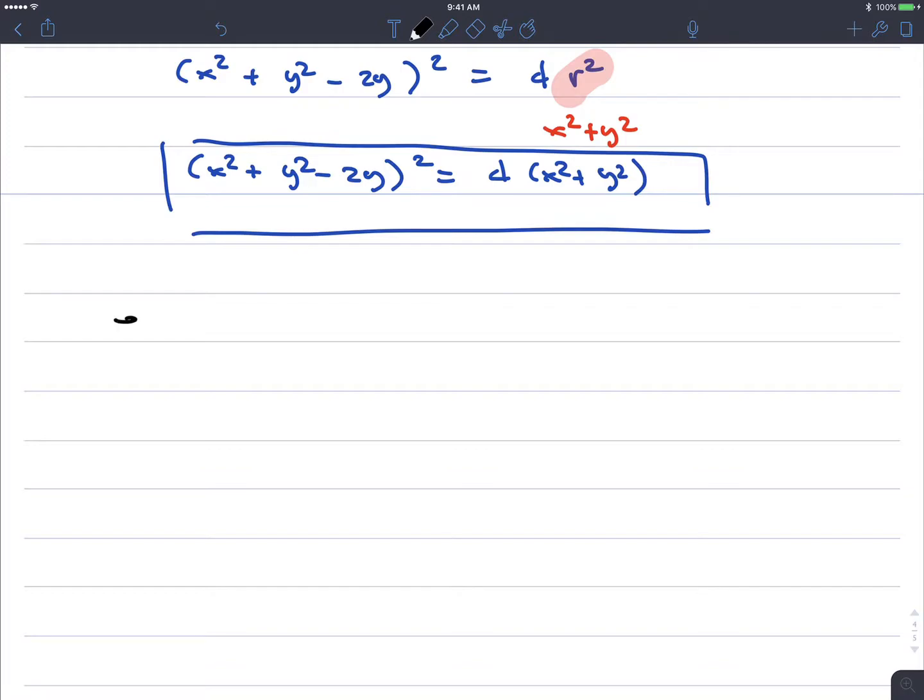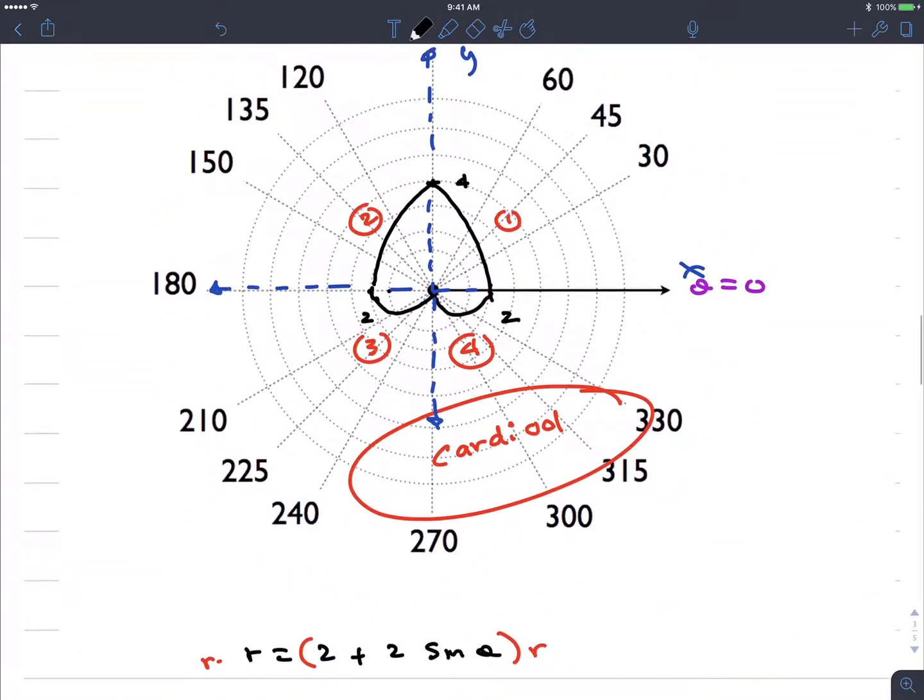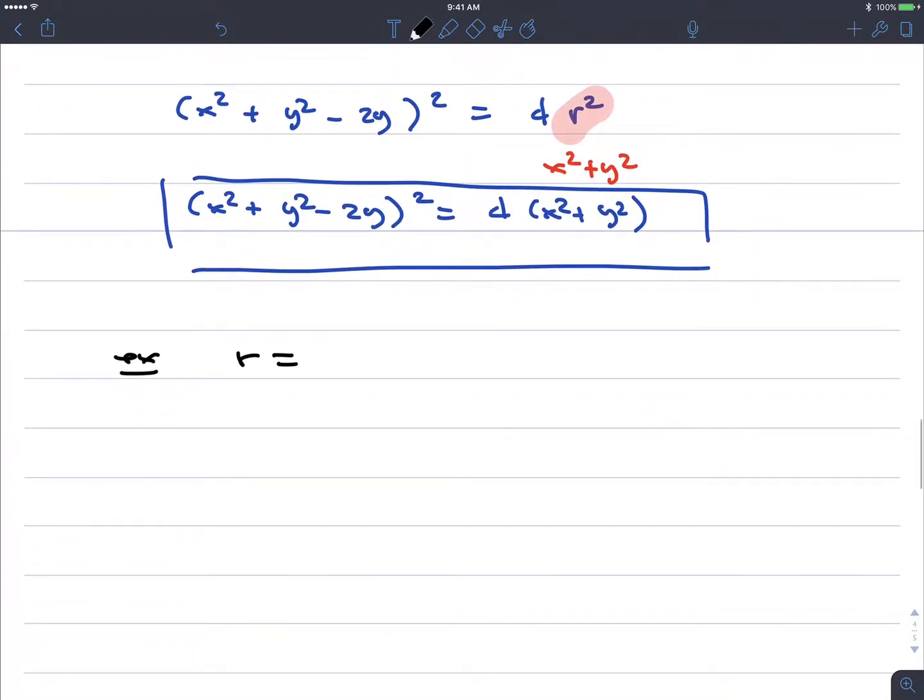Let's do an example. How about if I say to you, R equals, let's go out to now, what should we do? 3 or 4? Let's say 4. 4 minus 4 sine theta or cosine theta?